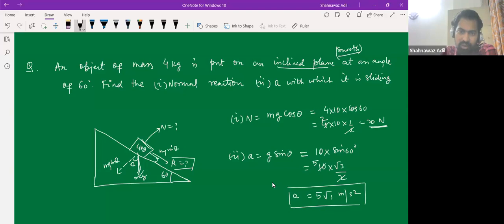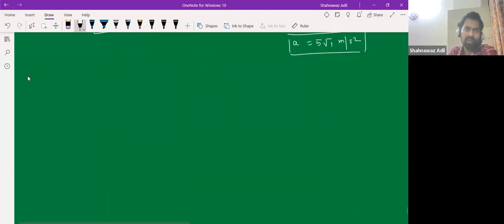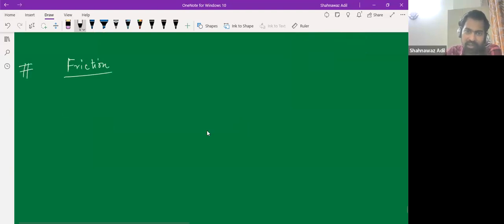So now let us understand about friction. What is this friction? Let's say you guys are driving a car. This example I have already told you.